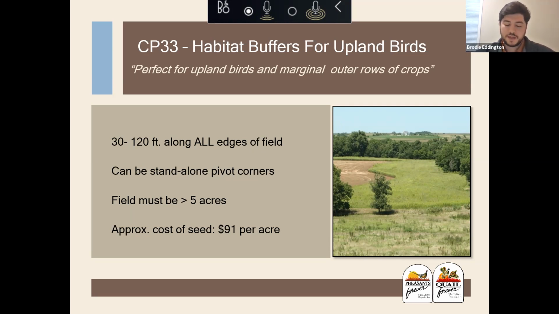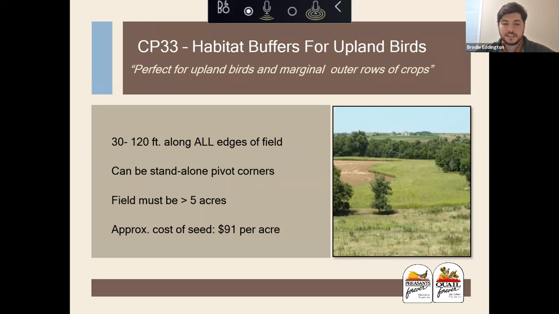In Tazewell County, they use a lot of pivot corners, and they have those in habitat buffers, and they really seem to be doing a lot. I hear a lot of good things about it, and a lot of people are seeing a lot more native birds such as quail and pheasants over there. It really helps, just adding a little extra habitat to areas that have little to none.